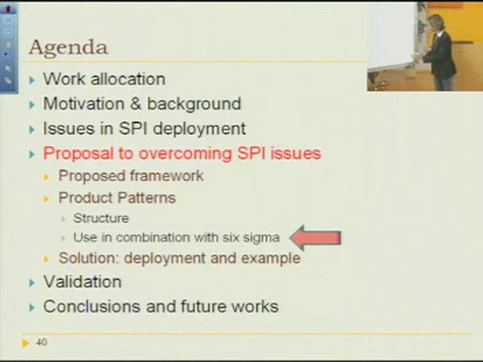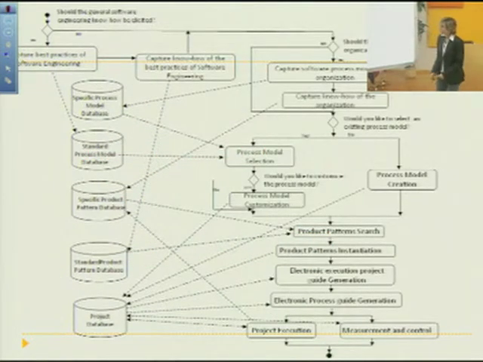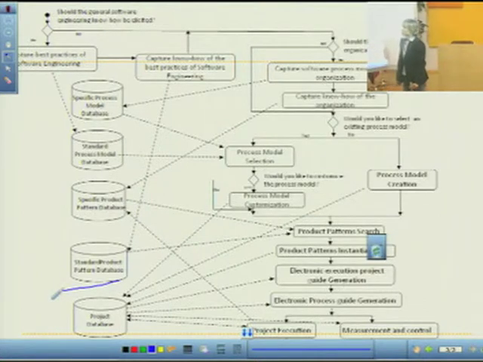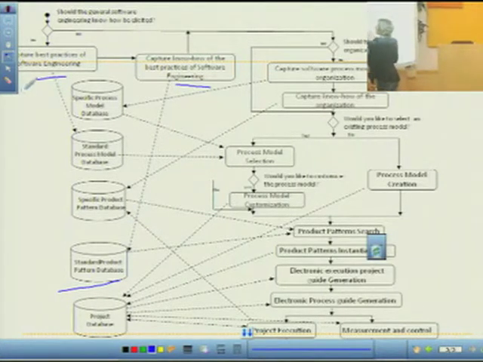So, the first thing you can do when you are working with product patterns is to generate what we call standard product patterns, which come from the existing literature in software engineering. So what you can do is to elicit the knowledge from the existing literature.